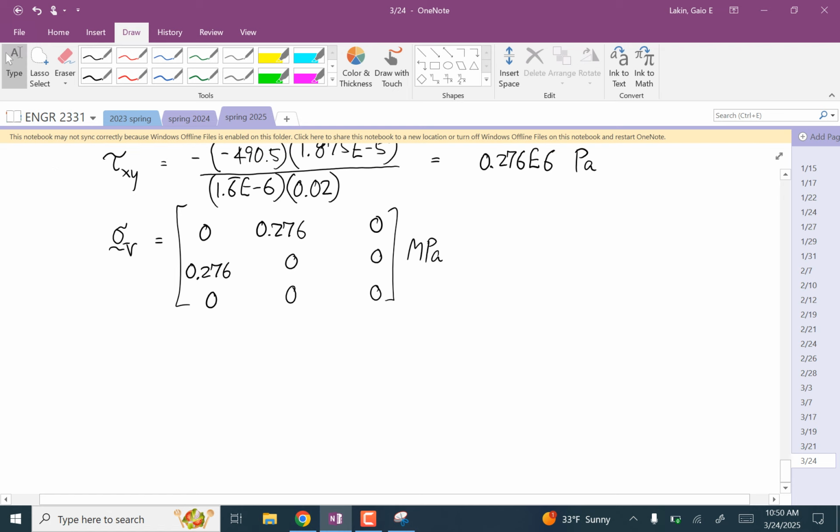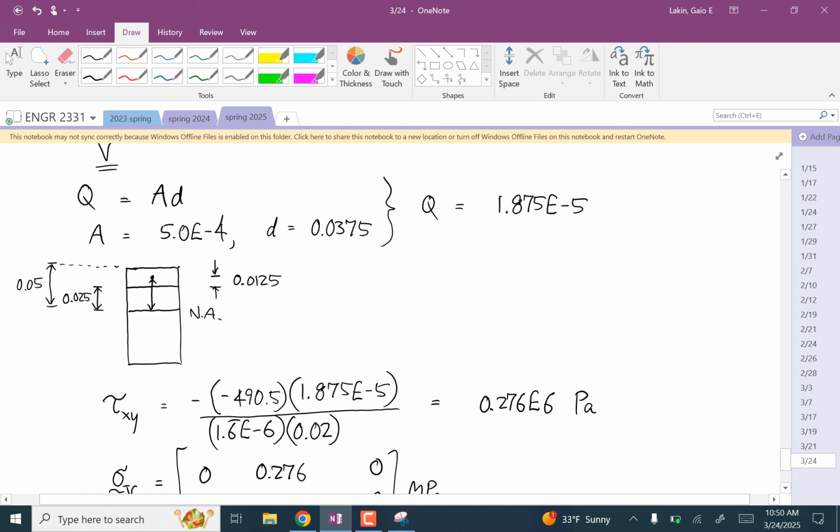And so now we can put these together. The total stress tensor is the stress tensor due to tension compression plus the stress tensor due to bending moment plus the stress tensor due to shear force plus the stress tensor due to internal torque. This one and this one are 0.